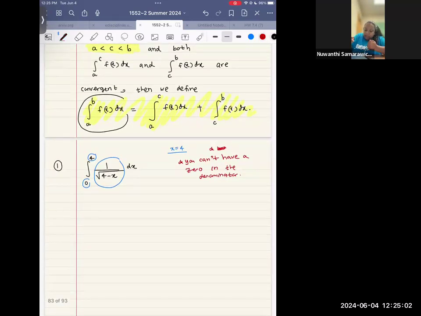So let's write the steps for these kind of examples. Step 1 is identify the value that makes the integral discontinuous.